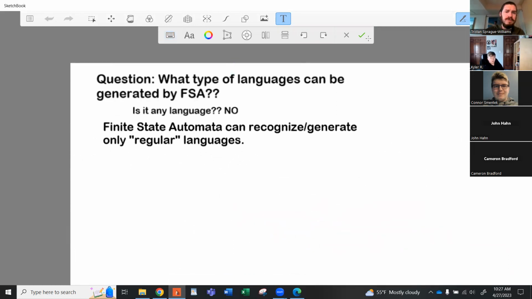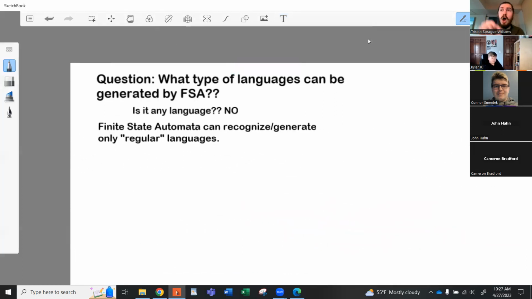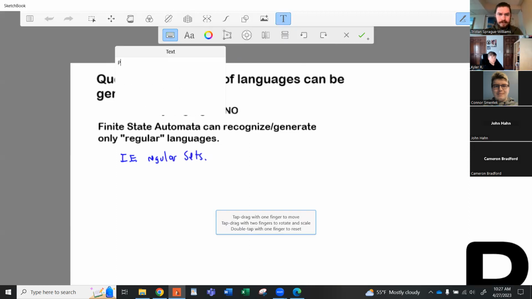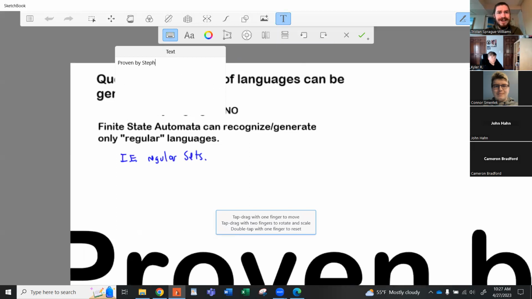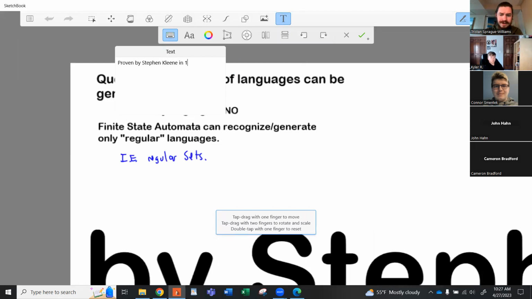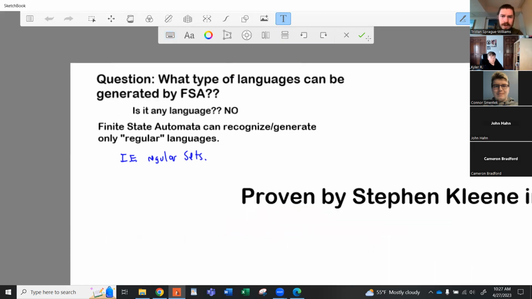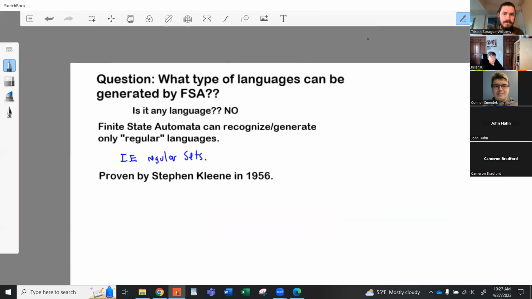The type of languages that finite state automata are capable of generating are called the regular languages, i.e. regular sets. This is proven by a guy named Stephen Kleene in 1956, and that's called Kleene's theorem.